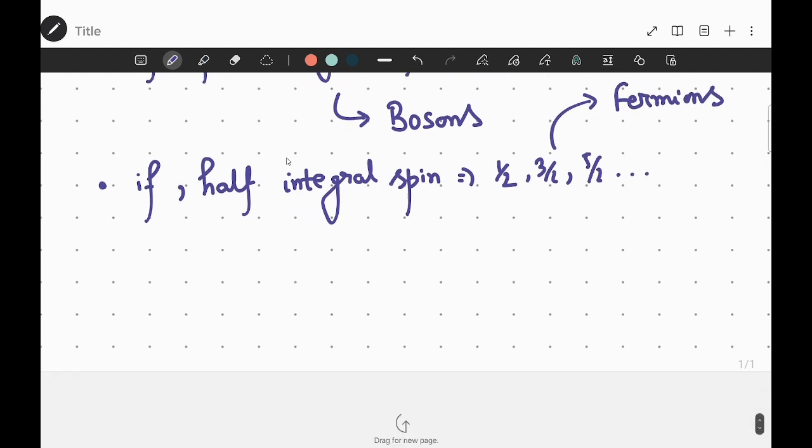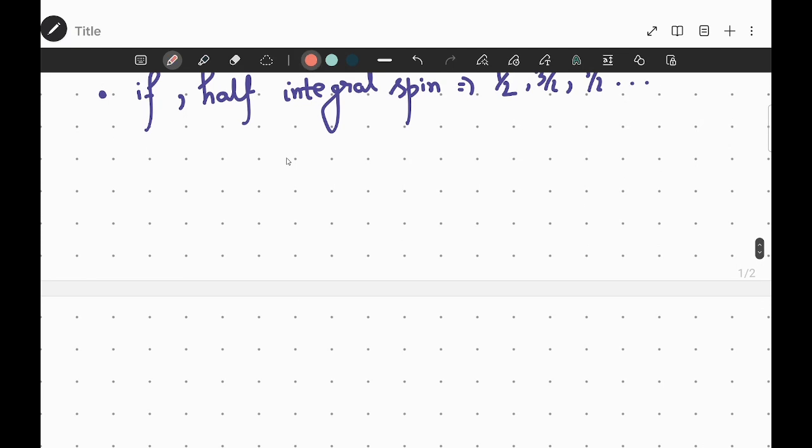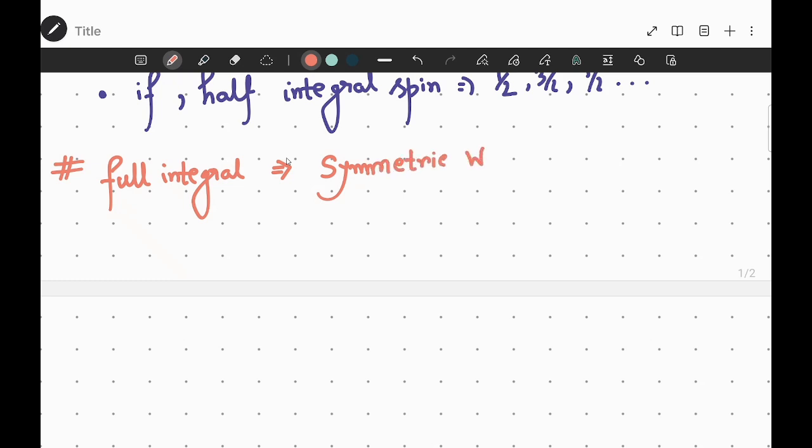Essentially, the scheme is like this. If the spin is full integral, then that particle should have a symmetric wave function.